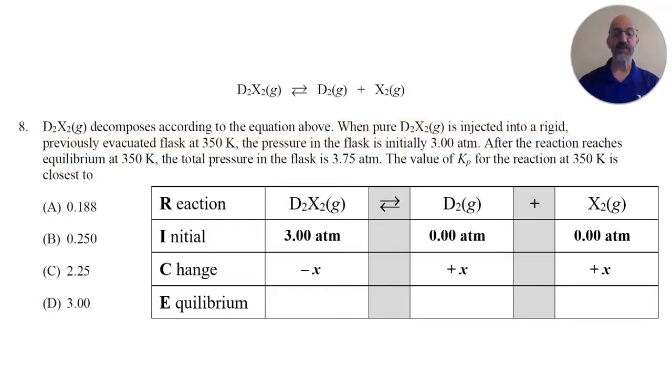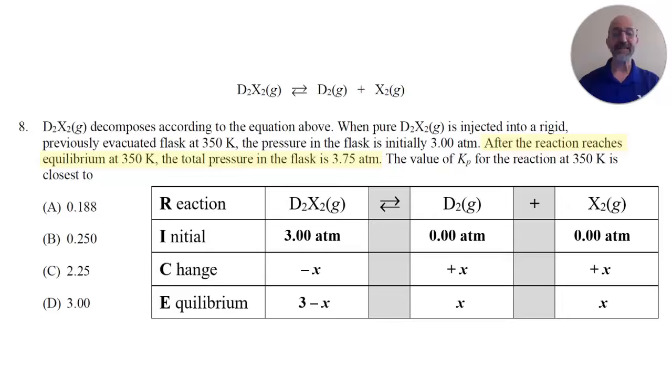So in terms of x, when the system has reached equilibrium at a temperature of 350 Kelvin, the partial pressure of D2X2 would be 3 minus x, and the partial pressure of each product would simply be x. Now, after the reaction reaches equilibrium at 350 Kelvin, the total pressure in the flask is 3.75 atmospheres.